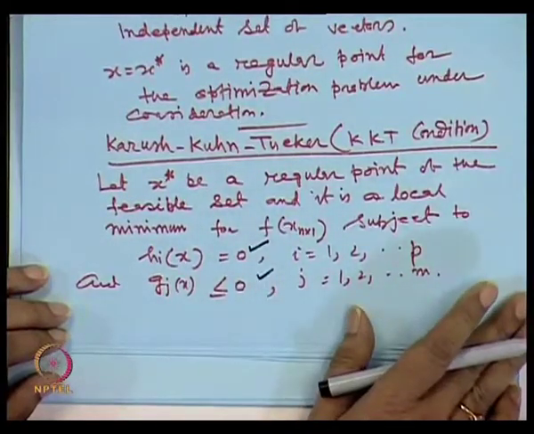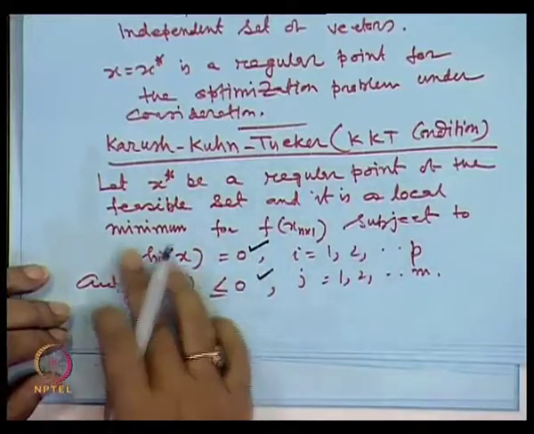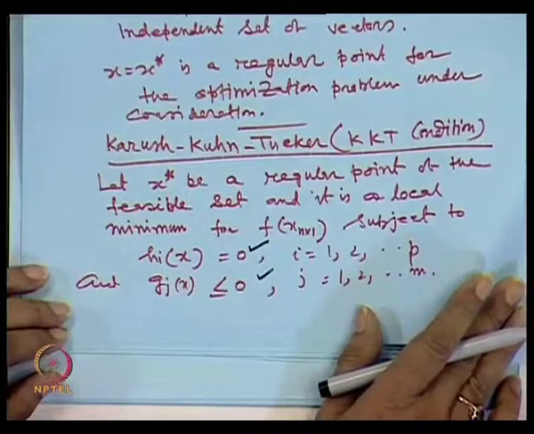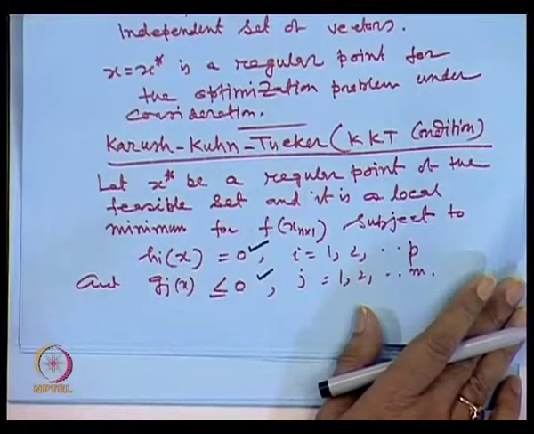Our problem is to convert this constrained optimization problem into an unconstrained optimization problem by choosing a Lagrangian function.